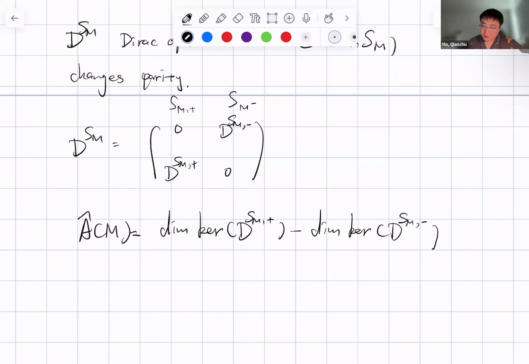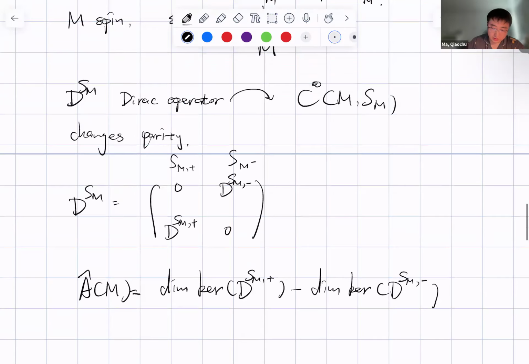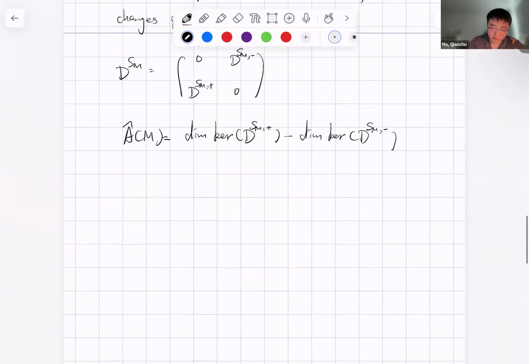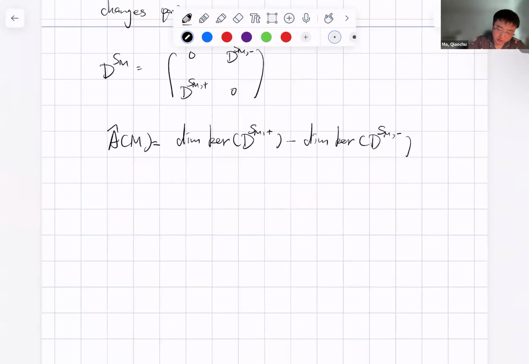This is the Atiyah-Singer index theorem.